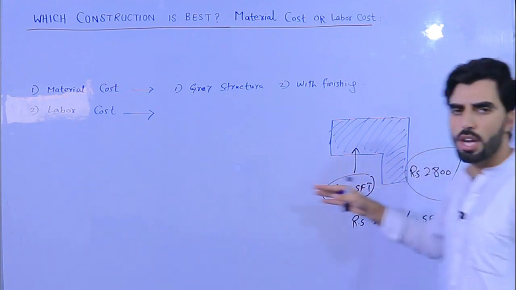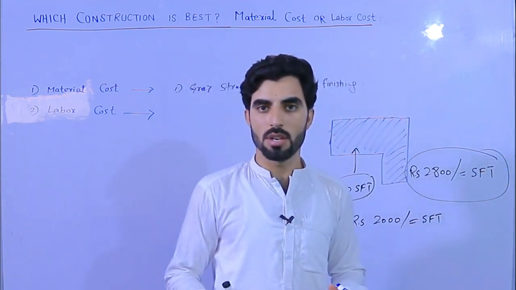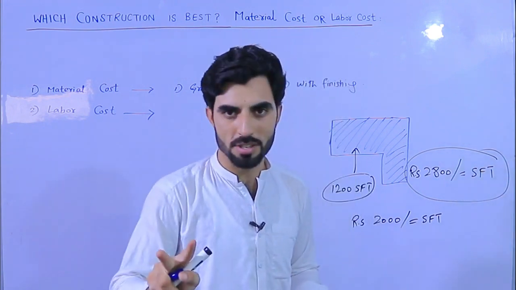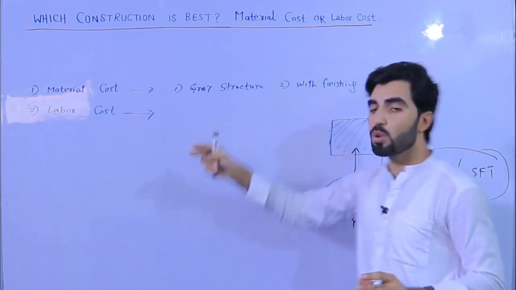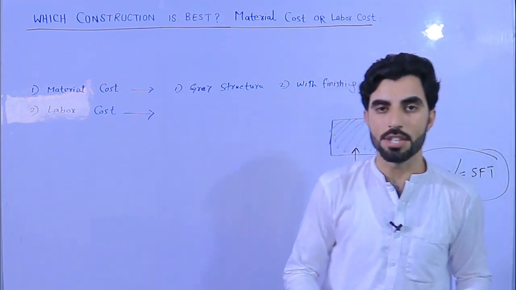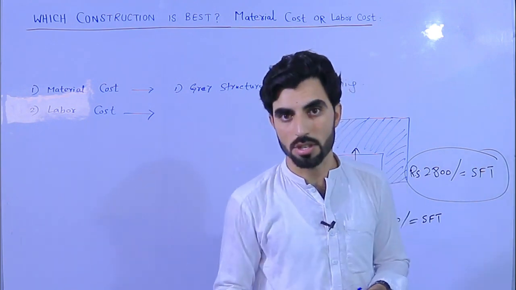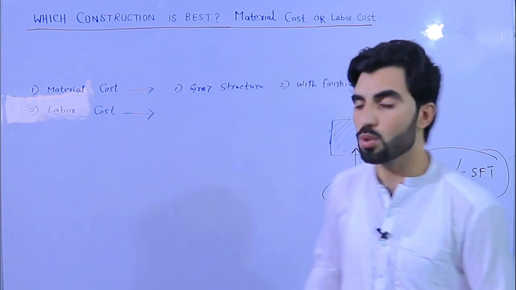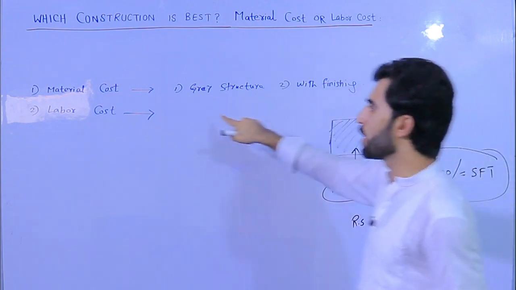Here you have everything, tiles, marble, sanitary, from start to finish. They will just give you the keys for entrance. And for gray structure we also have different rates: 1100 per square feet, 1000, 1400, 1500 also. So we have different rates. Now guys, this is called material cost.